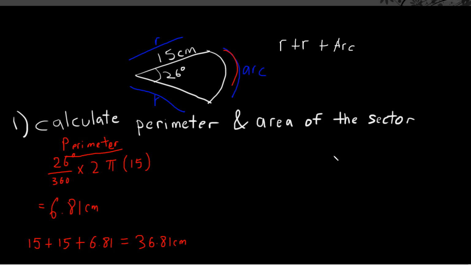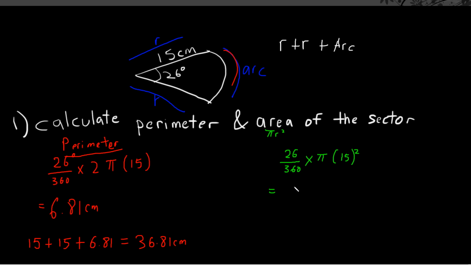Now, in order to calculate the area, the formula again is pi r squared. But this is not a full complete circle, so you need to use 26 over 360 times pi r squared.